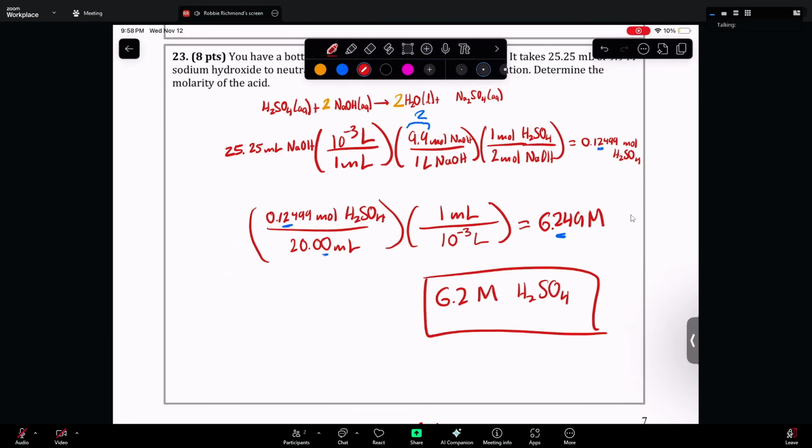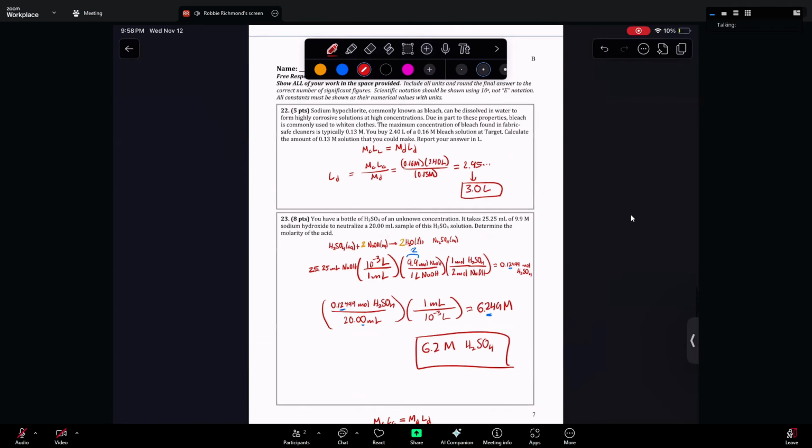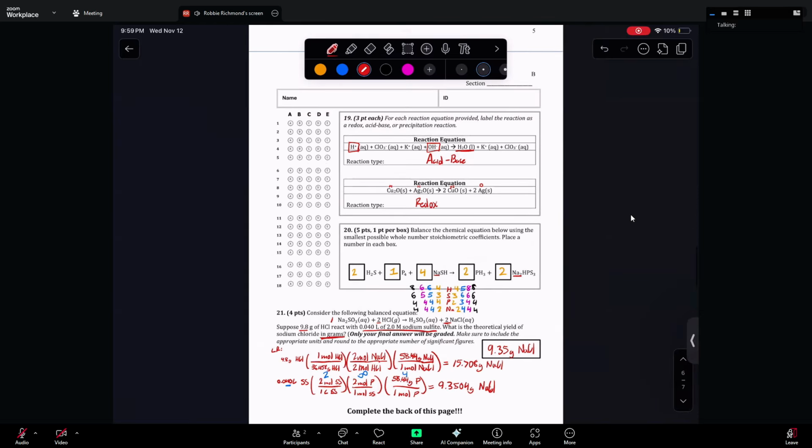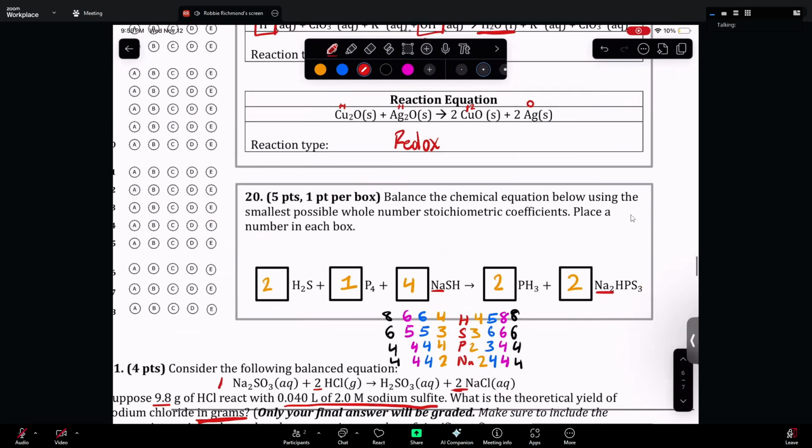Always box in your answers, and that's all of our free response questions. Again, just to reiterate, if you're struggling with balancing equations, that is the first thing I would start tackling because it is so essential to manage your time for this exam. Furthermore, if I see a question like this and it's not a combustion reaction or acid-base reaction where I can balance it pretty easily by using some tricks, I'm just going to skip it and save it for last, because this question is only 5 points.